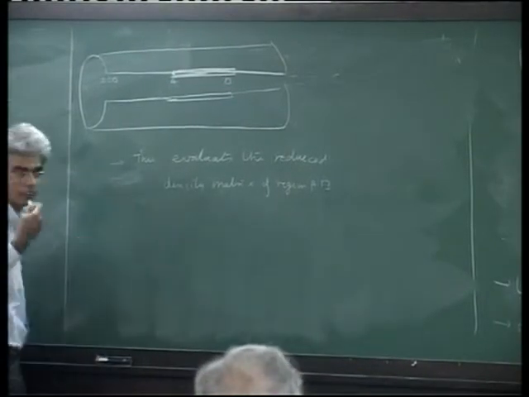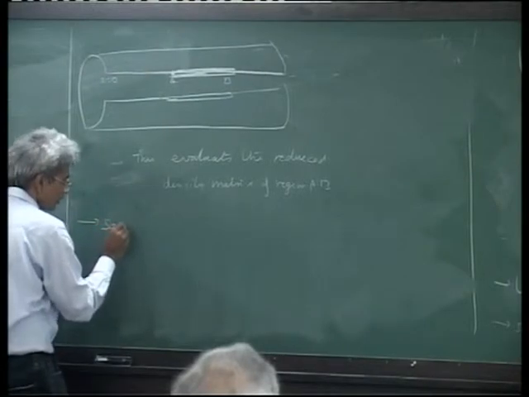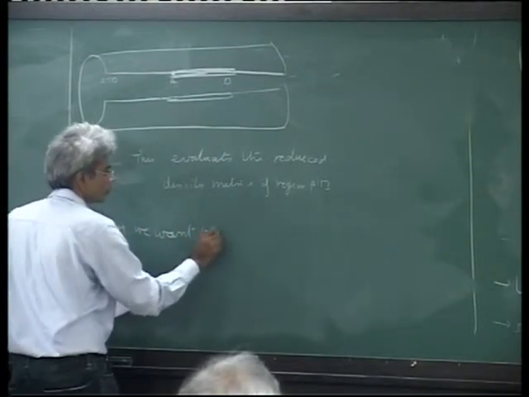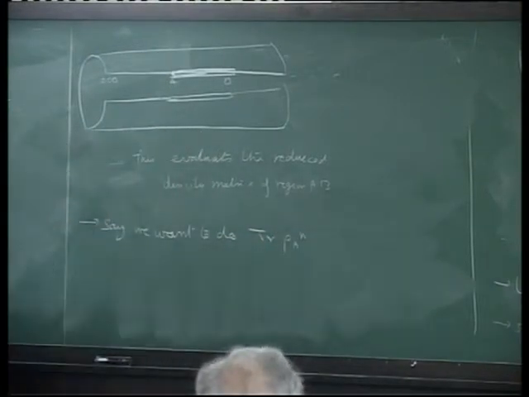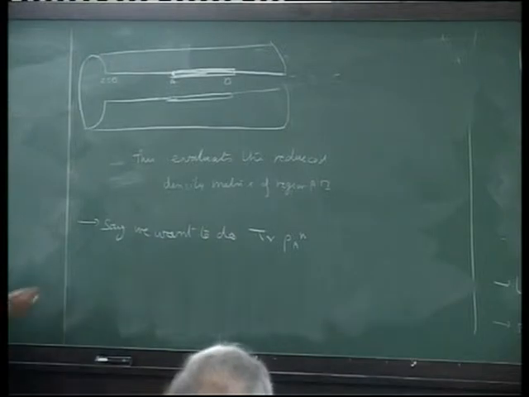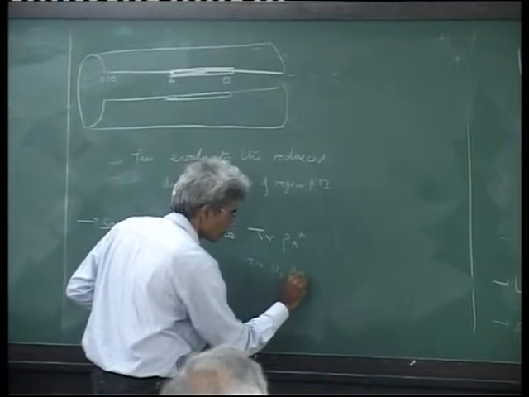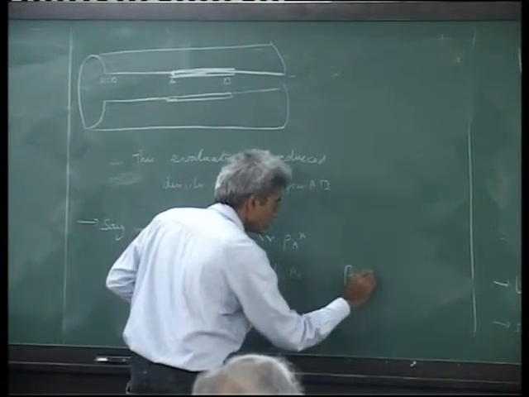Okay, because that was our operational method, how to compute the entanglement entropy. So suppose we want to do rho A to the n. So what we will have is basically, let's write it out a little bit. N times.